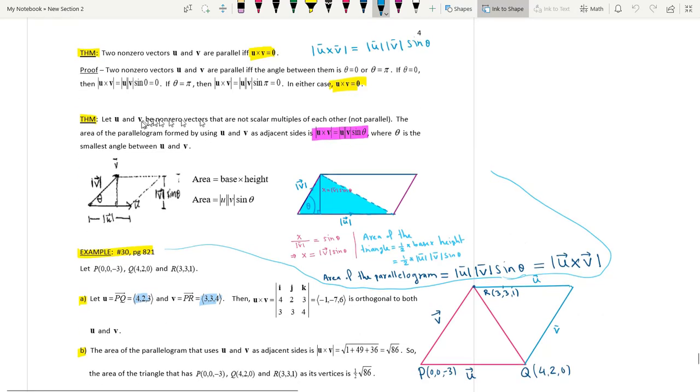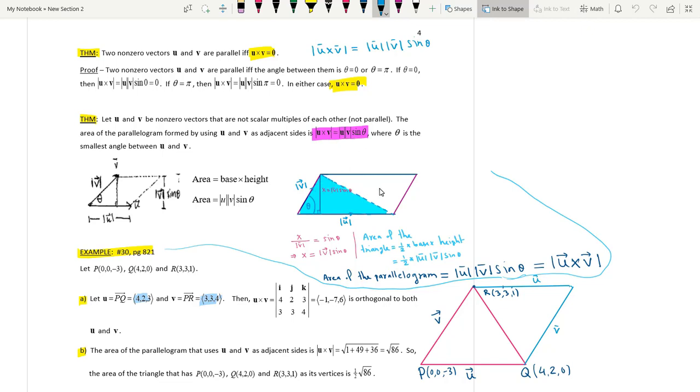Now, if you have two non-zero vectors and the vectors u and v are adjacent sides of a parallelogram, suppose this is u and this is v, then the area of this parallelogram would be modulus of u times modulus of v sine theta. Now the question is how.